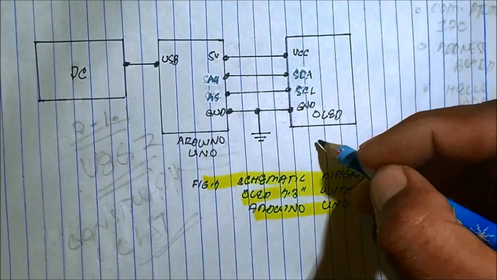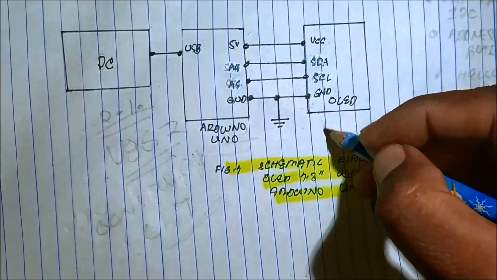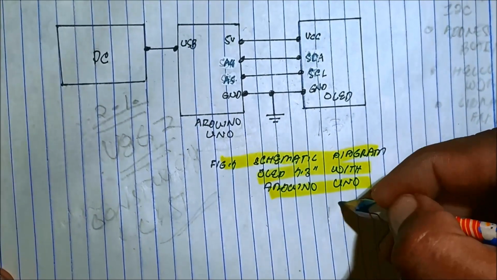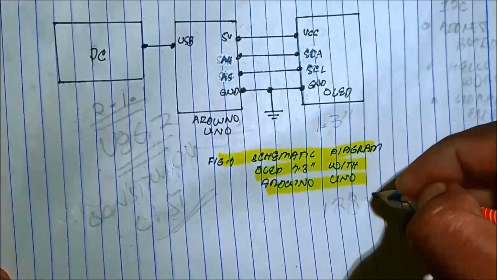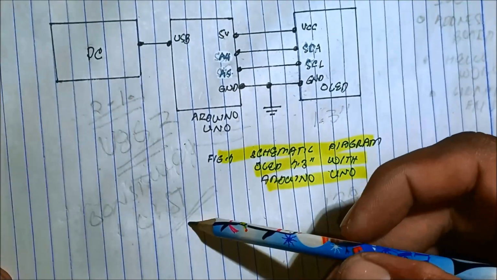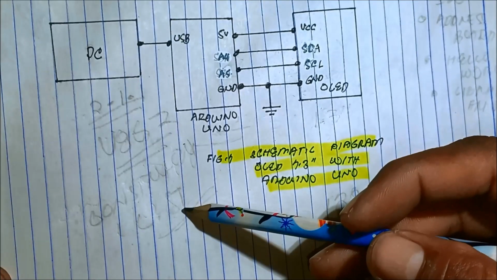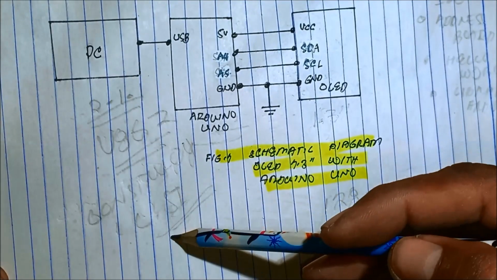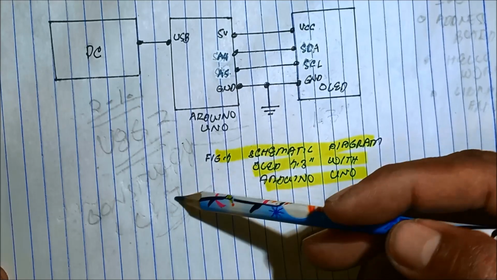In our case, we are using 1.3 inches with a pixel of 128 by 64. So we choose a certain constructor list by uncommenting it inside the code.